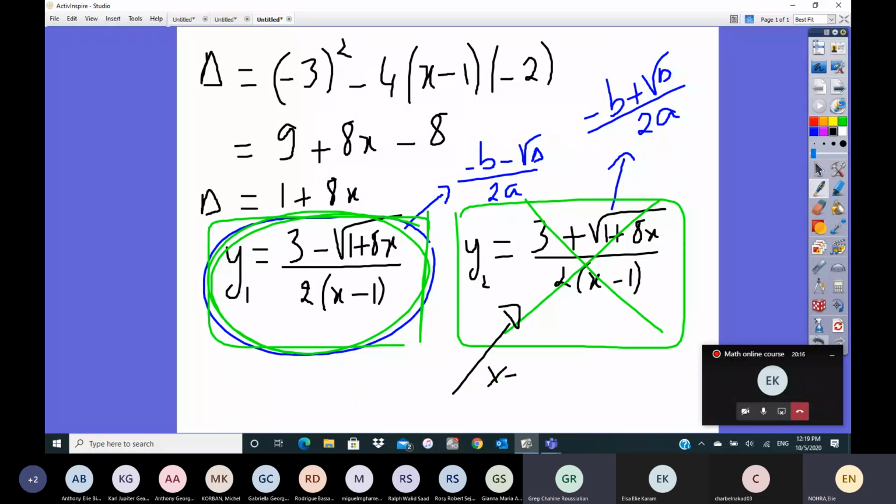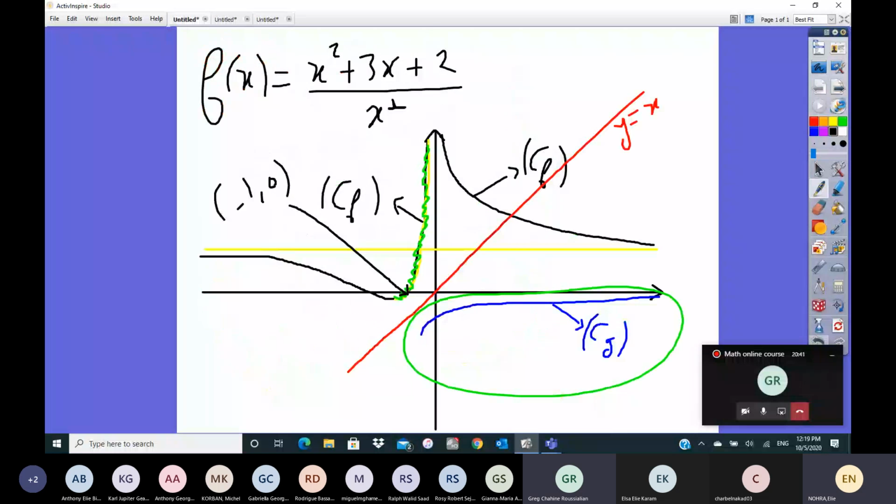What's the result? 3 plus 1 over -2 is -2, correct? That is not -1, so it's not the inverse.